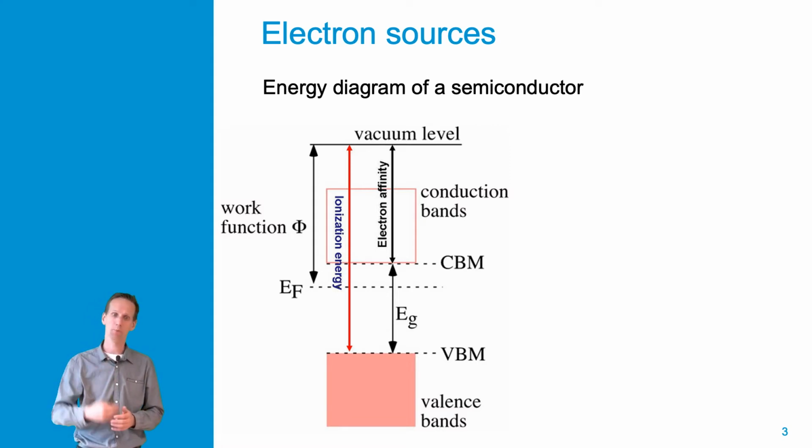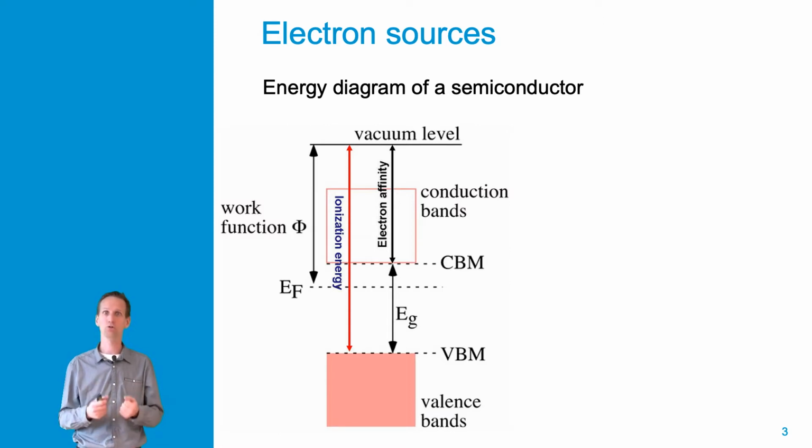Higher up from the valence band there's the conduction band, which is again a continuum of states in which the electrons can reside, but which is typically at very low temperatures unoccupied. Now at room temperature or at elevated temperature, due to kinetic excitation, thermal excitation, some of the electrons will cross the gap between the valence band and the conduction band and be free to move in the conduction band. So this gives us an average occupation level, which is what we call the Fermi level, which you see depicted with a dashed line in this image.